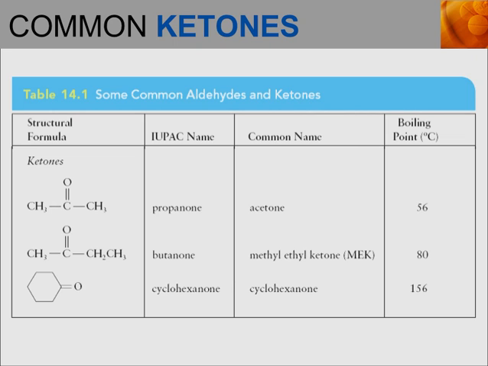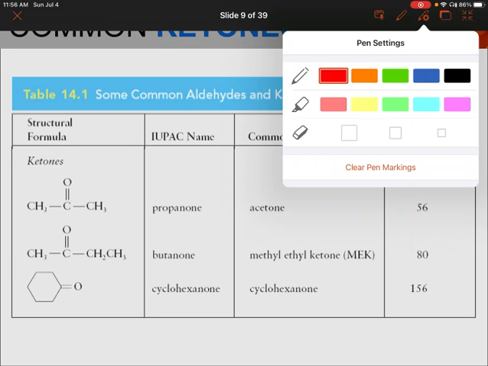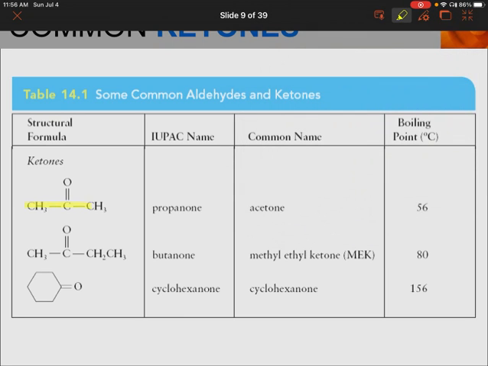All right, now there are some different names for certain ketones. For example, if you have 3 carbons in your chain, you might call that propanone if you're using the IUPAC name system, but this is also known as acetone, and it's probably more commonly called acetone.